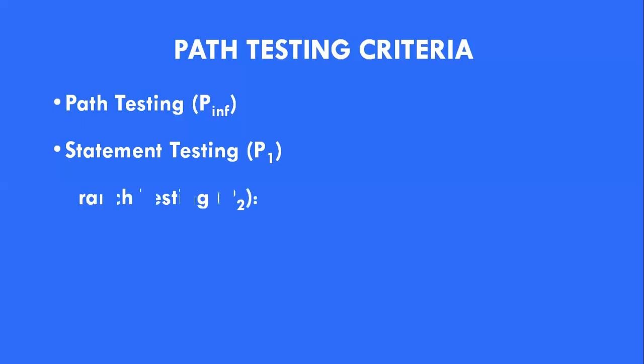And the third type of testing is branch testing, P2. Here we execute enough tests to ensure that every branch, which is an alternative, has been exercised at least once under some test. In statement testing, we exercise each and every statement in the program, whereas here we exercise each and every branch that exists in the program.